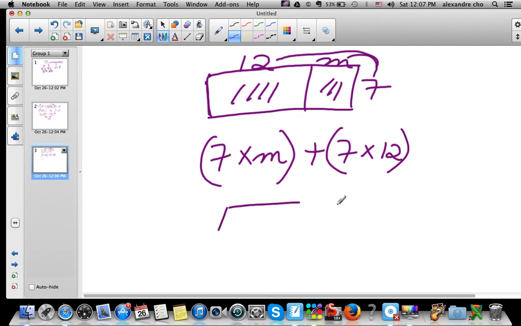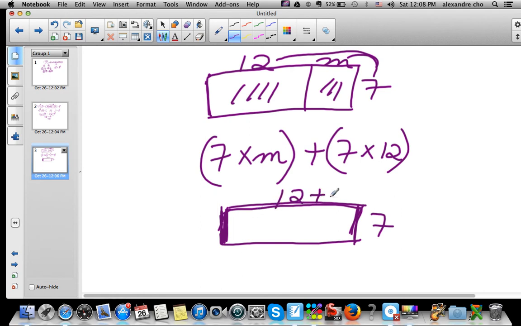Another way is pretending that this rectangle is one whole rectangle, so the side is still a 7, but the length here, let's just fix this rectangle a little bit more. The length, instead of saying it's one part's 12 and the other part's m, we can join them and we'll call them 12 plus m, because it's 12 plus whatever m is, which we don't know, and that's fine.